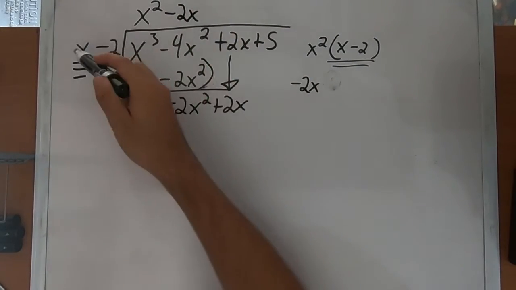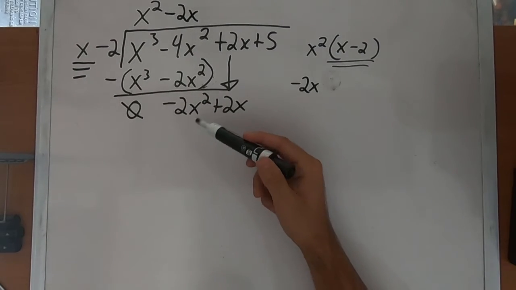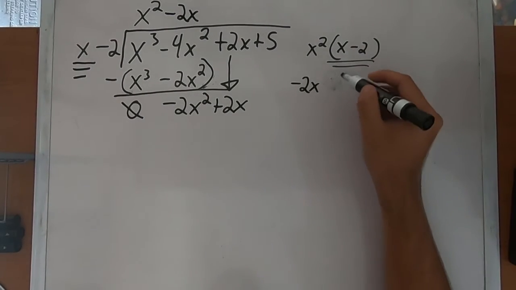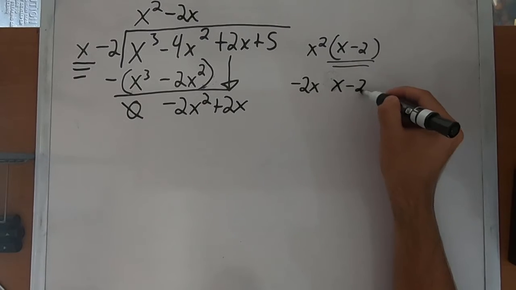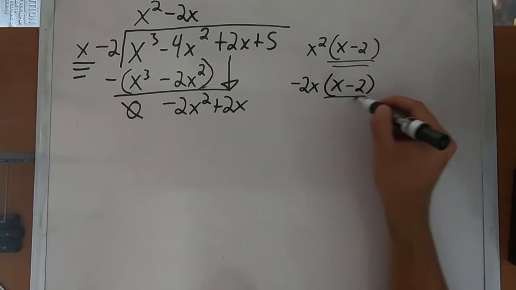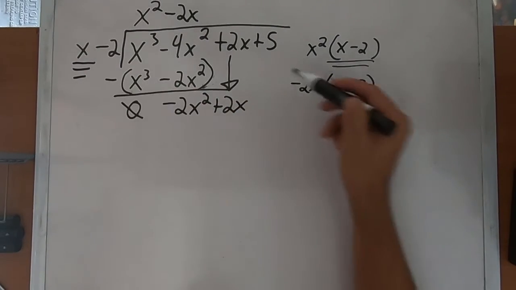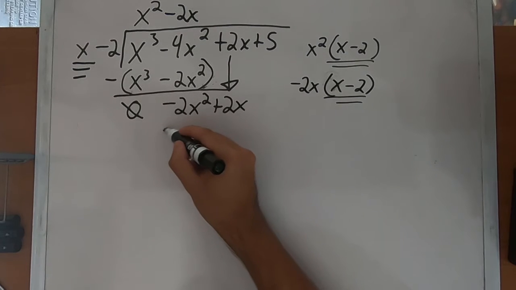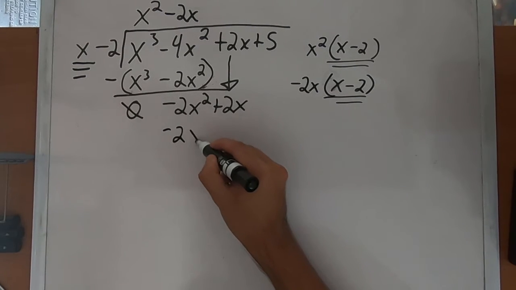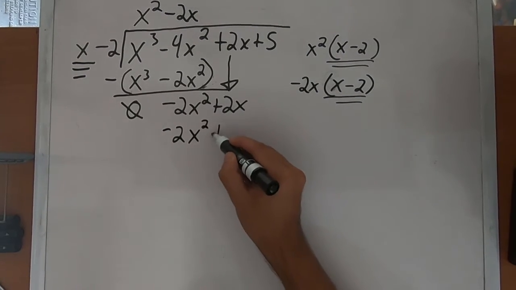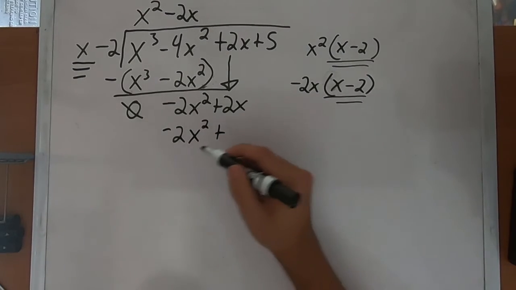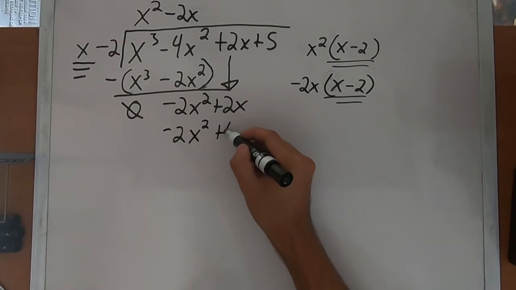Negative 2x times x gives you negative 2x squared. So negative 2x multiplied by the entire thing gets you negative 2x squared plus 4x.